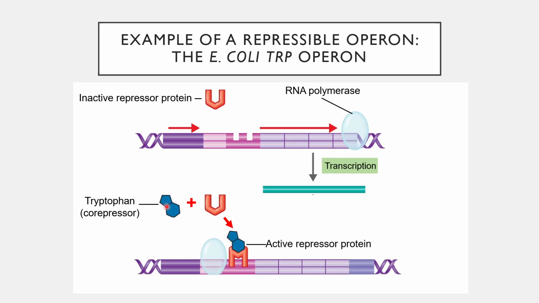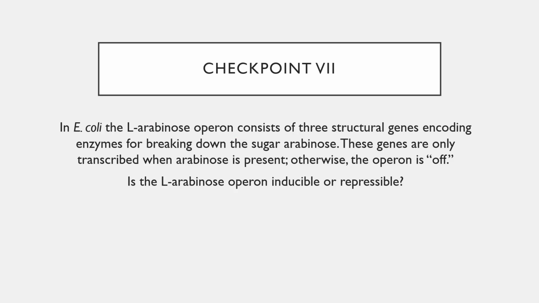So let's make sure that you understand the difference between inducible and repressible operons with this checkpoint. In E. coli, there is another operon called the L-arabinose operon, which contains 3 genes that encode enzymes for breaking down a different sugar called arabinose. And these genes are only transcribed when arabinose is present in the environment of the cell.